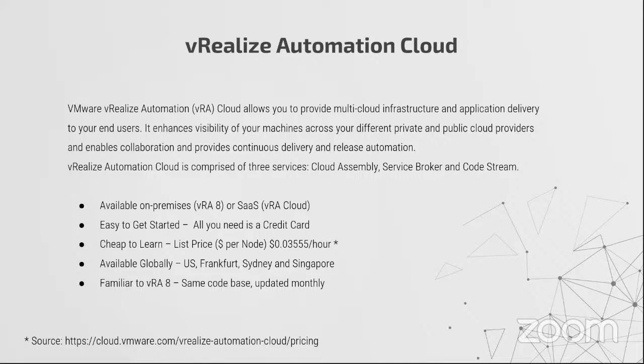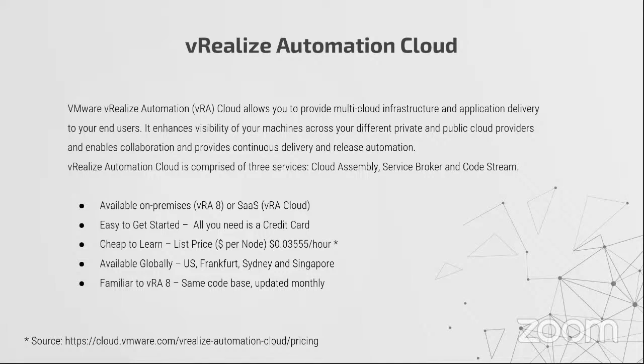VRA consists of three main services these days: first being Cloud Assembly, second being Service Broker, and the third being CodeStream. VRA is available both on-prem, called VRA 8, or the SaaS version called VRA Cloud.